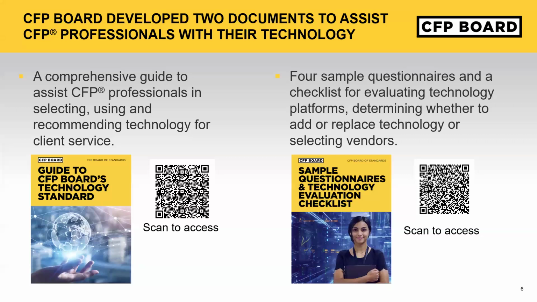It's important to note these materials don't dictate one right way to select or use your technology. That depends on your clients and your business. Instead, they provide important and helpful considerations concerning your interactions with your technology. So starting with the technology guide, it's a resource you can use when selecting, using, recommending technology.